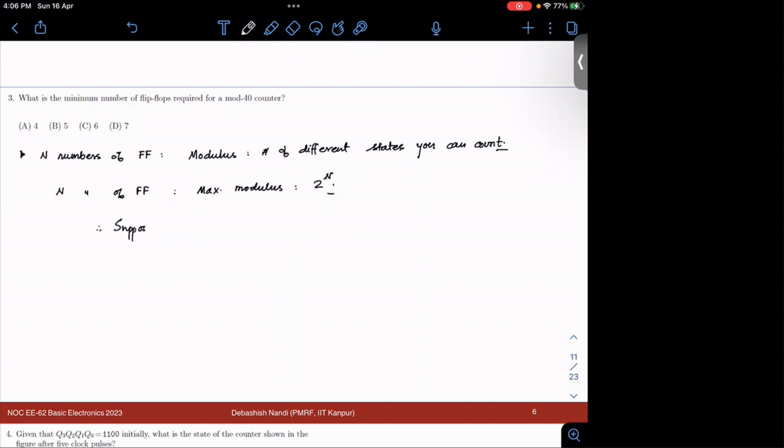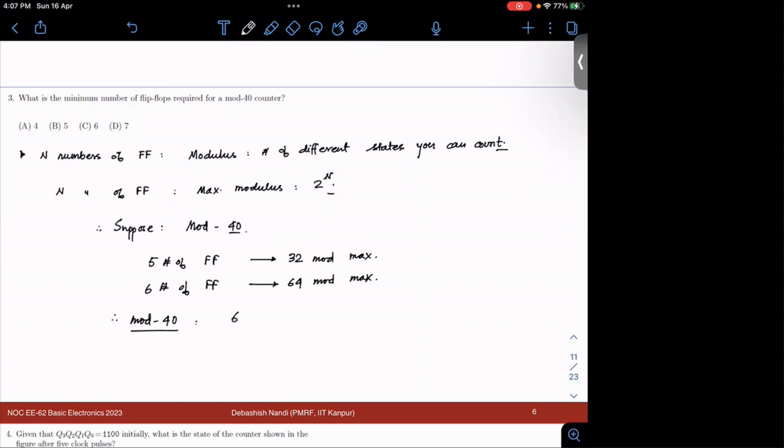So suppose you have a mod 40 counter, right? You know that 5 flip-flops will lead to a maximum of mod 32, and 6 flip-flops will lead to a maximum of mod 64. So what is the number of flip-flops required for a mod 40 counter?